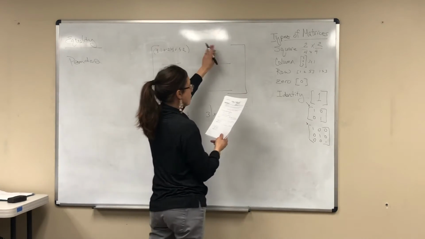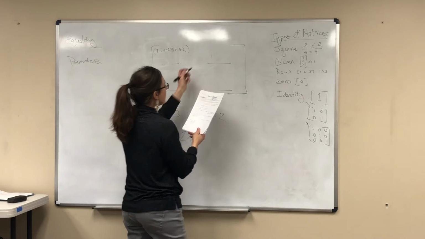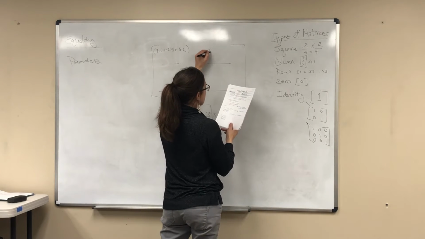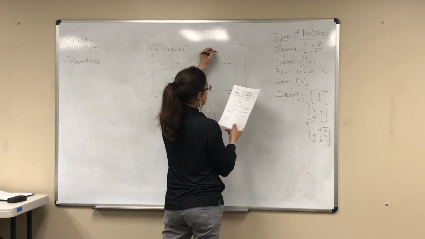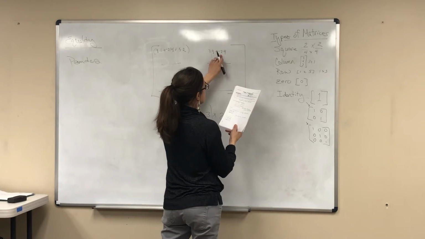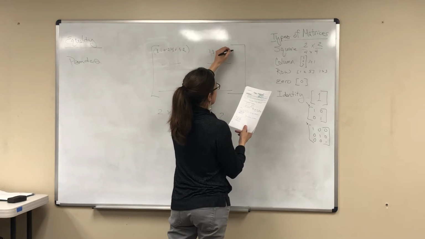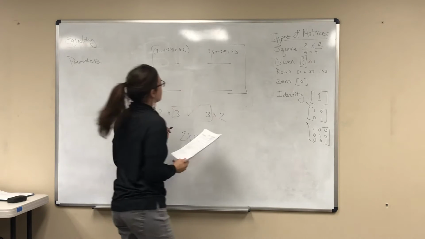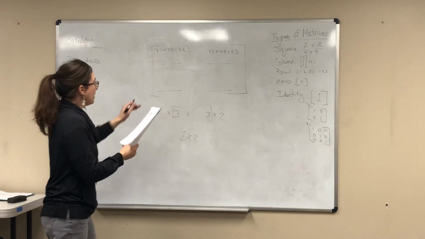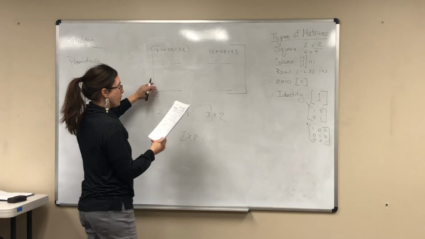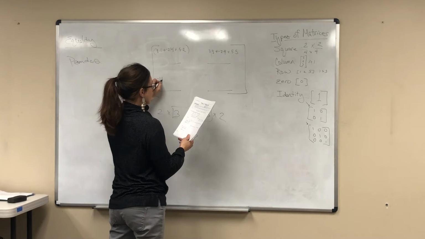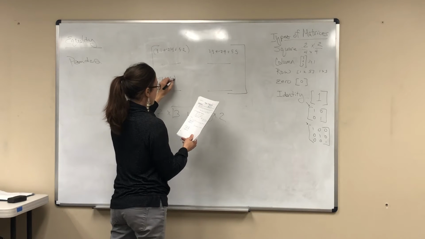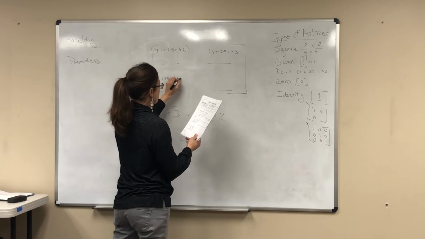So I need my first row, second column. Now I've got 3 times 3, the first ones. Now my second terms, negative 2 times 4, and then plus 5 times 5. Perfect. Now, second row, first column: negative 1 times 1 plus 4 times negative 4, perfect, plus negative 3 times 2.